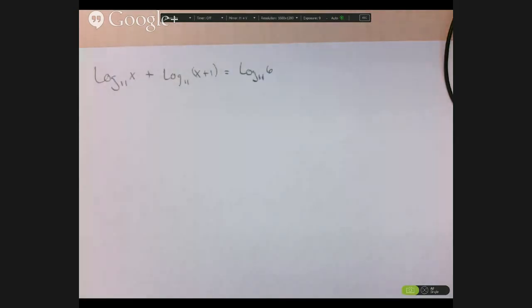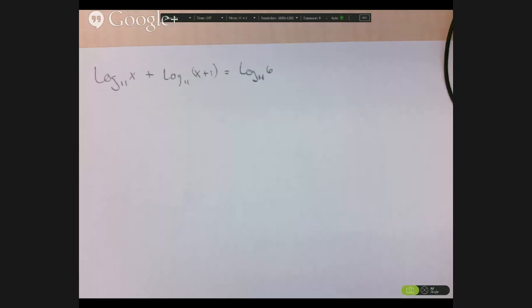You can't yet. See the addition sign? Yeah, it's messy. But if I want to get to that point, what can I do with these two?